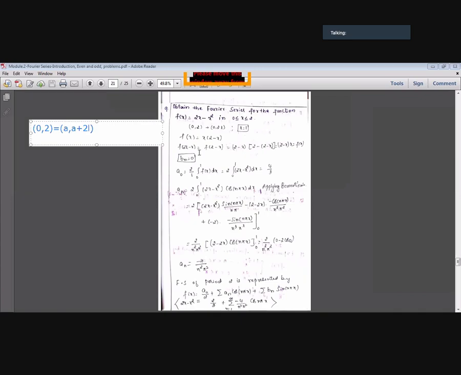In place of A, what do you have? 0. In place of A plus 2L, you have 2.